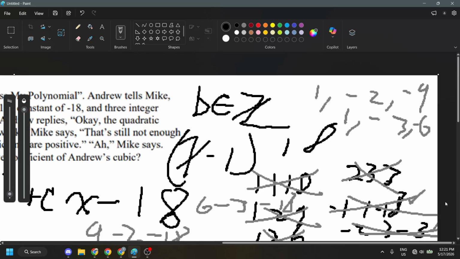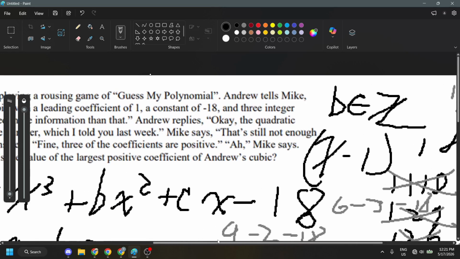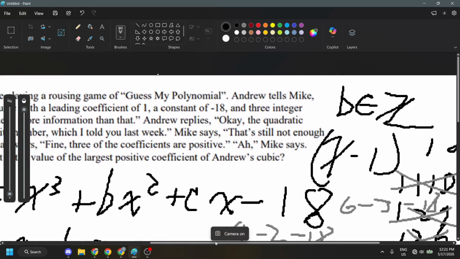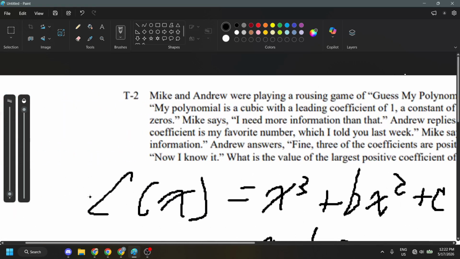So for which one of these does knowing b not tell us what c is? I don't know, let's find b and c for both of them.